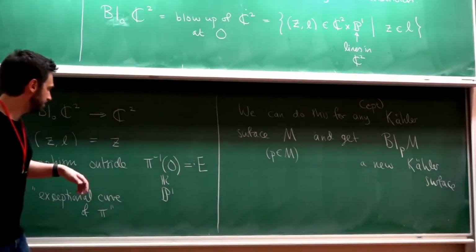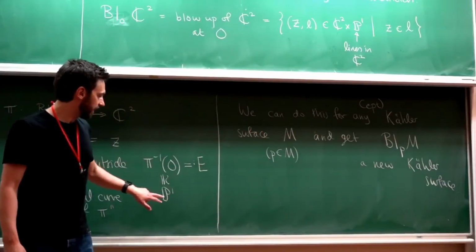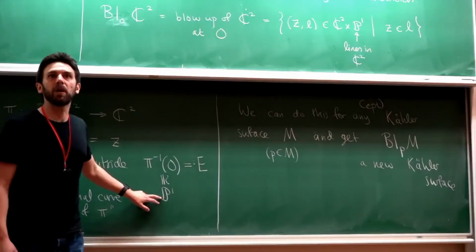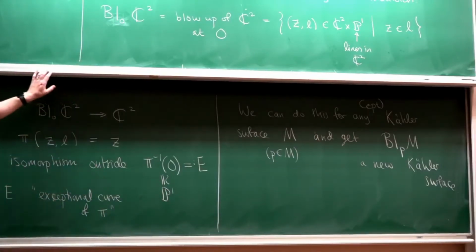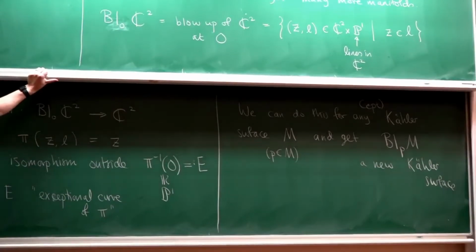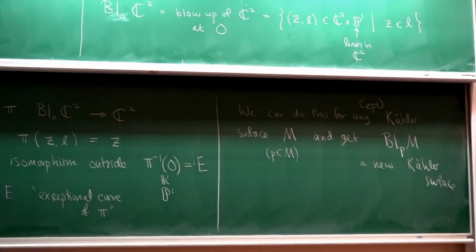It'll have an extra exceptional curve E, which is like a P1 inside it. So this gives us a way to create a lot more manifolds, and it's not an operation that was available to us in one dimension.